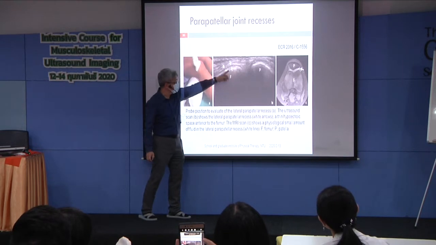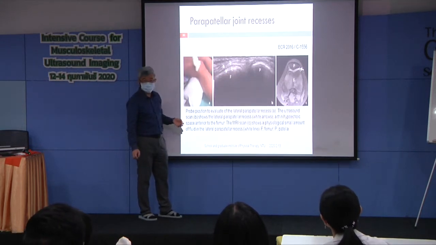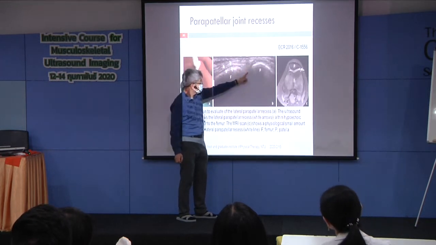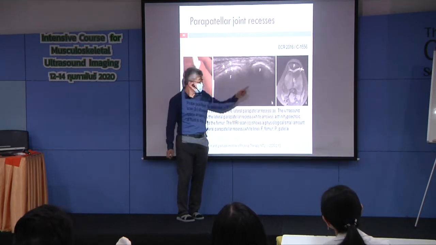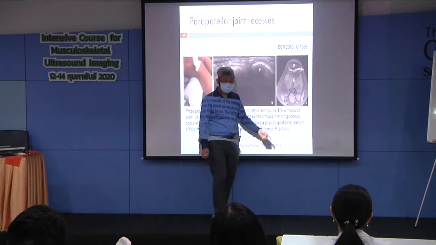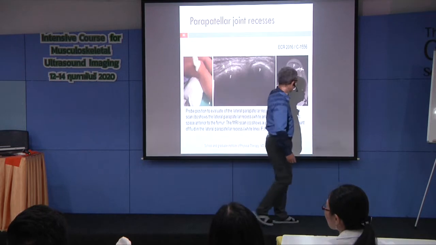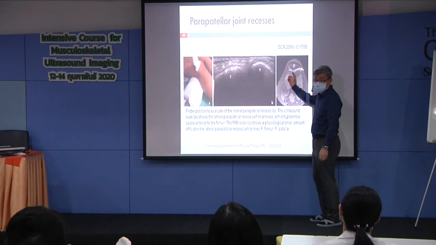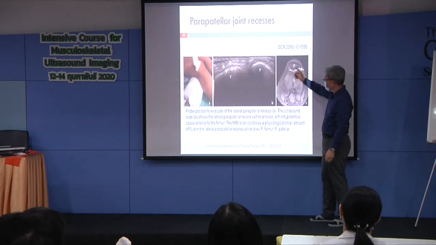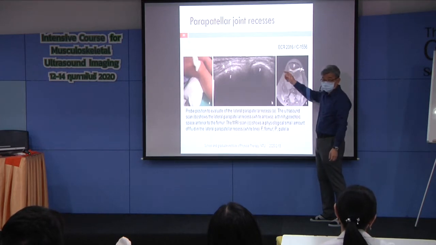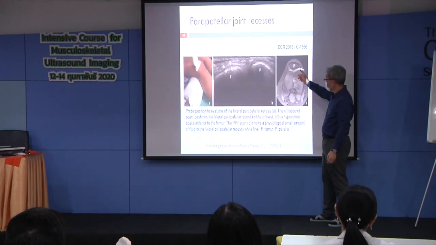Find the femur, horizontal, and find the retinaculum, recess. If there is some fluid that came out from this corner, especially the right corner, that is not good at all, because the patella easily goes to the left side, the lateral side, making the patella more unstable. Okay.